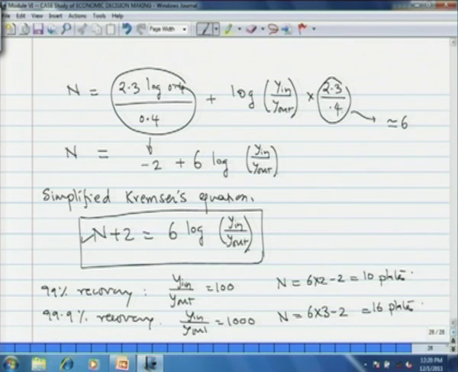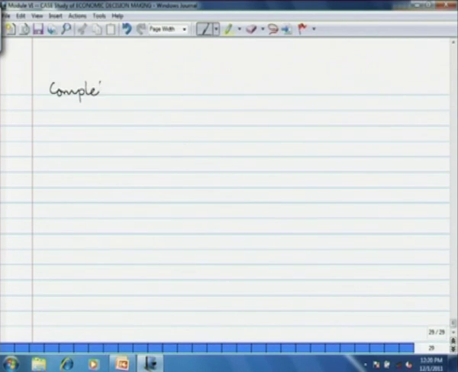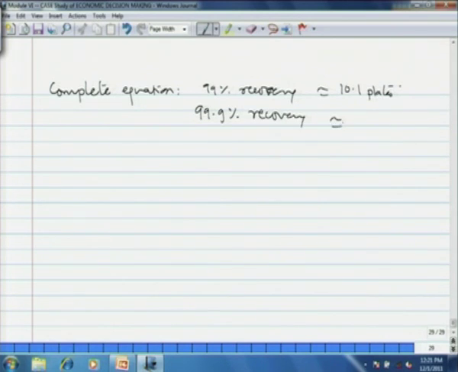Now, if you put the same numbers in the complete equation, you will find that for 99% recovery, you will get 10.1 plates. For 99.9% recovery, you will get 16.6 or 17 plates.